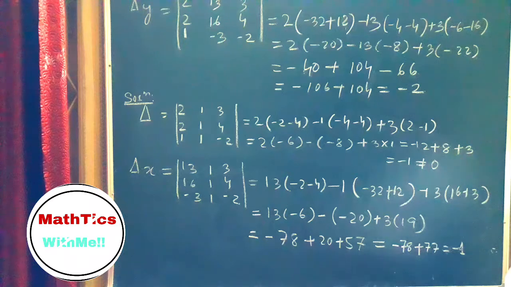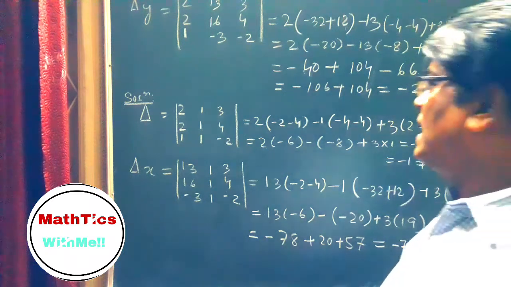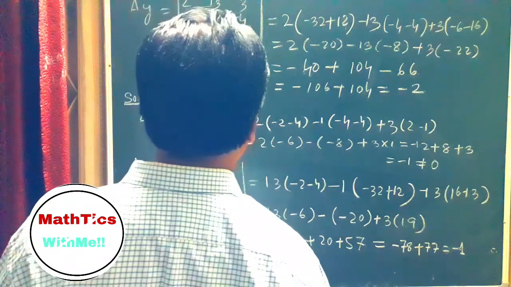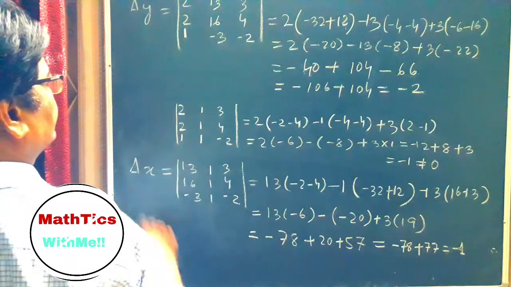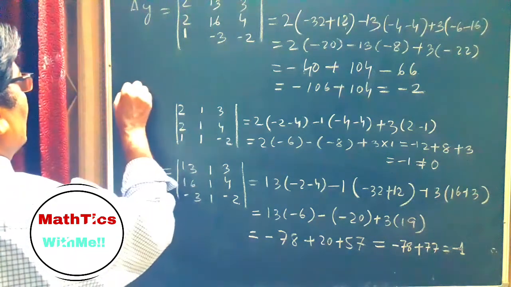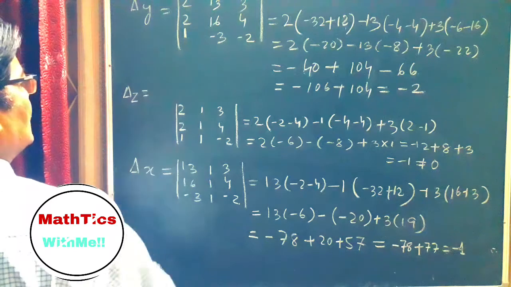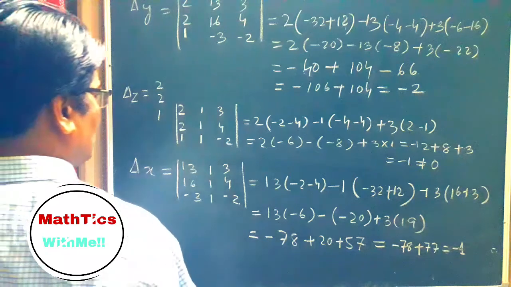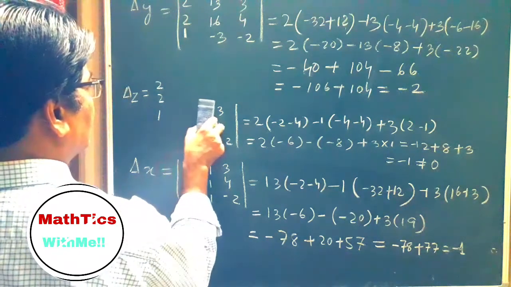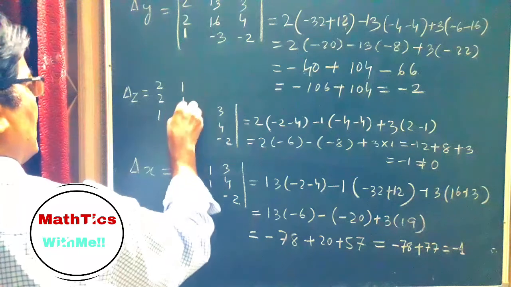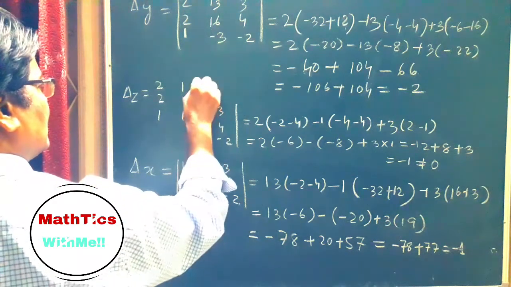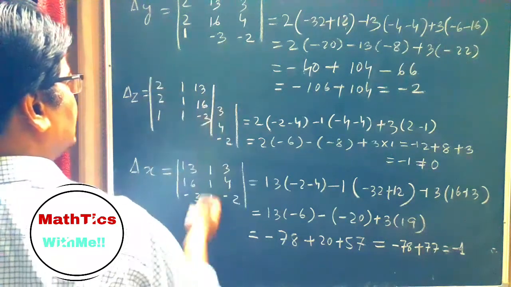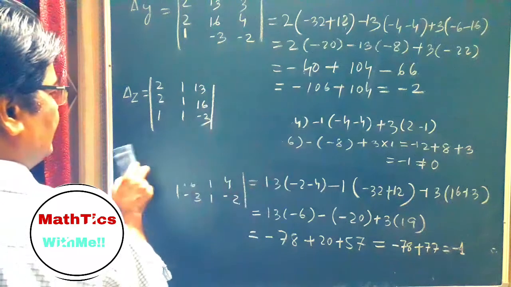Then we proceed to find delta z. Now delta z is the determinant 2, 1, 13; 2, 1, 16; 1, 1, 3, where the last column is 13, 16, 3.